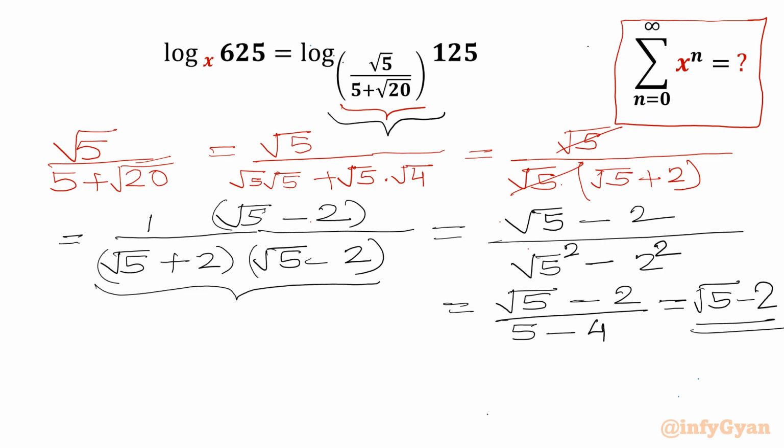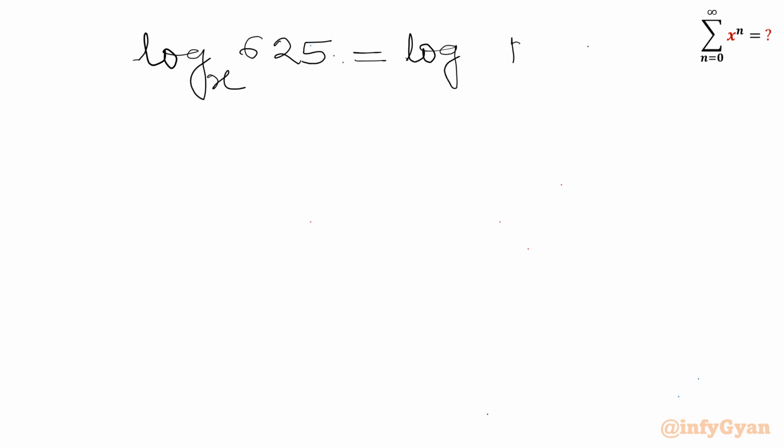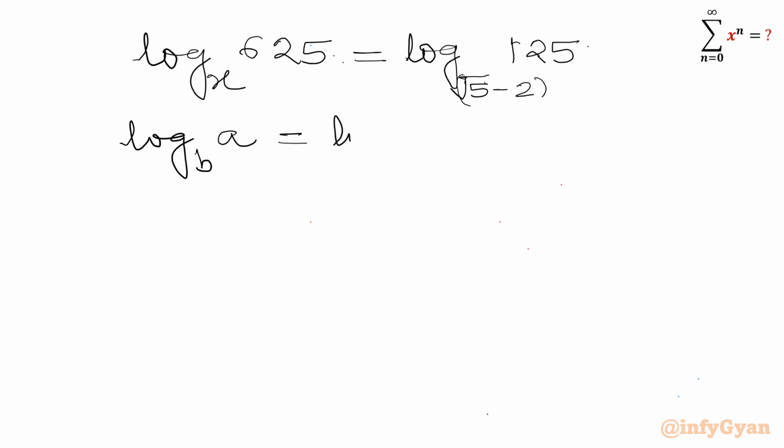Let us replace. So I can write log 625 base x equal to log 125 with base root 5 minus 2. Now I will write one log property: log a with base b can always be written as log a with base 10 over log b with base 10.